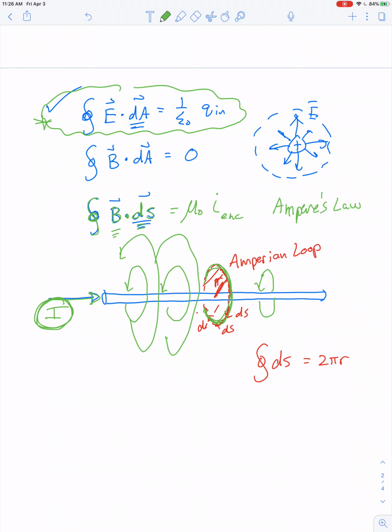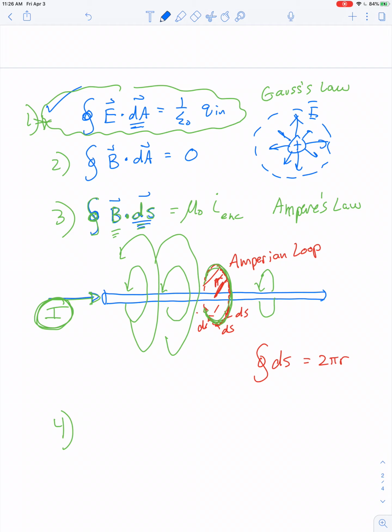This is called Ampere's Law, and it has some similarities with Gauss's law. Okay, let me number these equations. 1, 2, 3. And like I said, Maxwell's equations is a set of 4 equations. So I wonder if you can guess what the 4th equation looks like, at least on the left side of the equation.